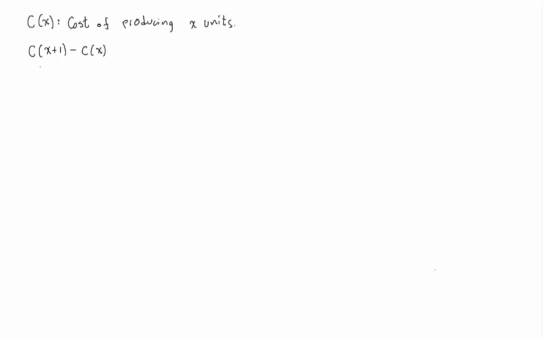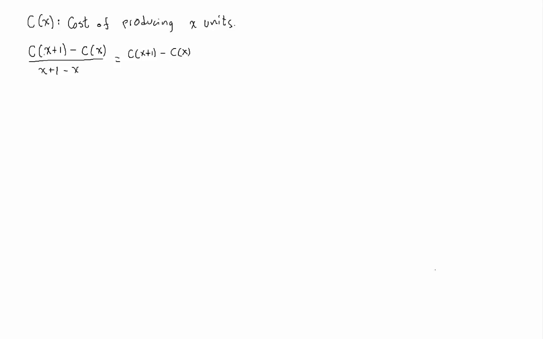And if you think about it as the slope of a secant line, you would have the cost of producing x plus 1 minus the cost of producing x units, over x plus 1 minus x.